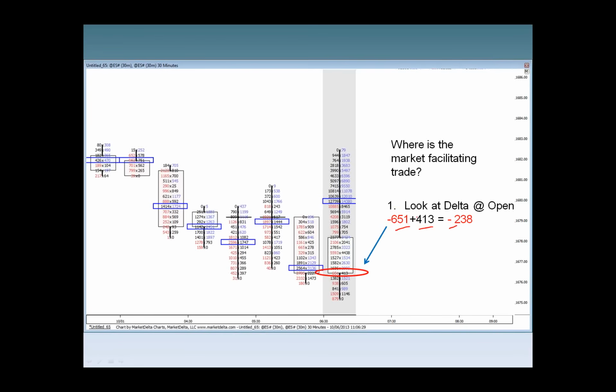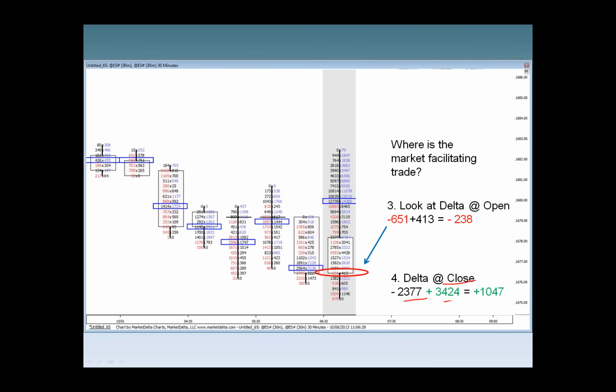If in fact we had more contracts traded at the ask than we did at the bid, then we're going to have a positive delta. So if we look at the delta at the open, we had a negative delta, and then naturally we need to take a look at our delta at the close.